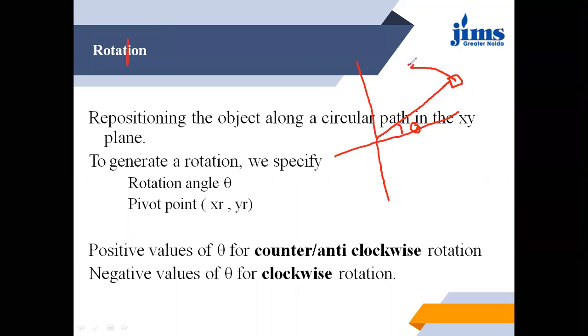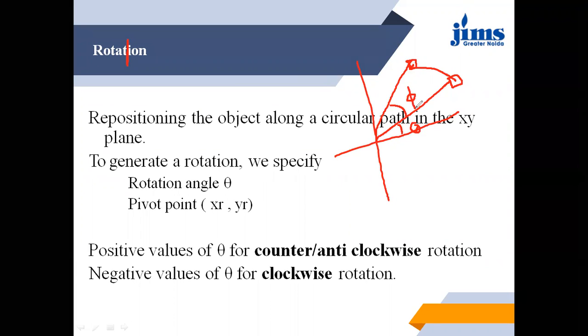Suppose now the final position of the object is this, and the angle is theta plus phi. For example, now I rotate this object by phi. We can conclude from here that the shape of the object is not going to change.